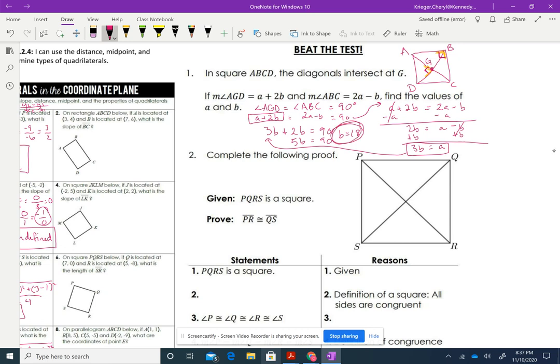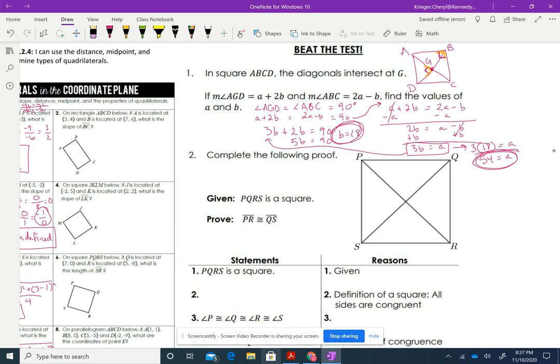Let's plug it in here for A. So I have 3 times B equals A. That means that 3 times 18 equals A, and 3 times 18 is 54, so A equals 54. Okay, so this is my second value. Let's see if this worked.